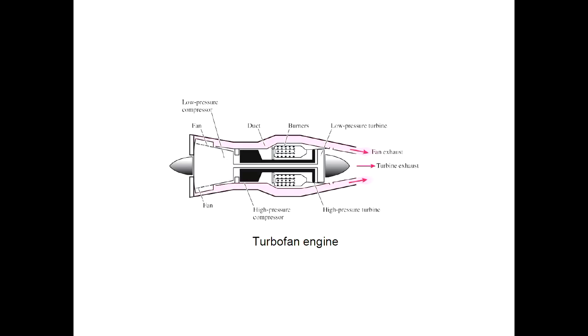So any idea, if I want to have a low bypass ratio, what would be the application? A low bypass ratio means you have a minimum amount of air in the duct and most of the air is still going through the combustion, right? So that's more like a turbojet case.